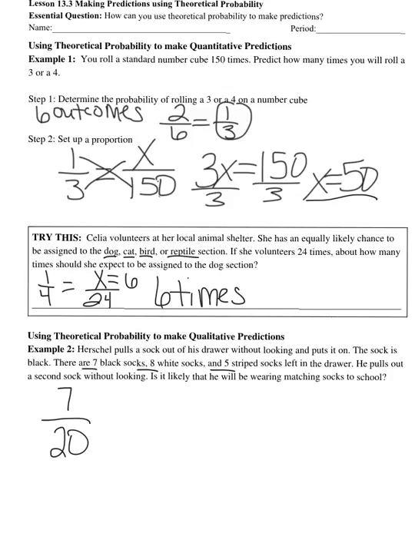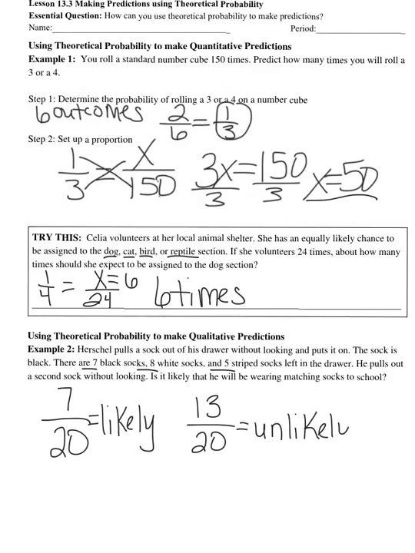So that's the likely chance. And then what does he have for it being unlikely? And that's just the remainder, the white socks and the striped socks, which is 13 out of 20. And that's the unlikely chance that he's not wearing matching socks.